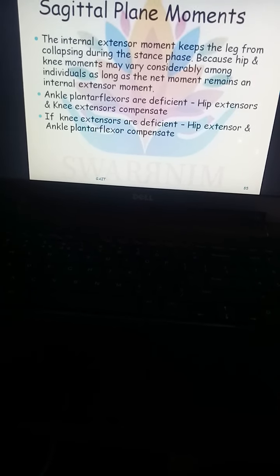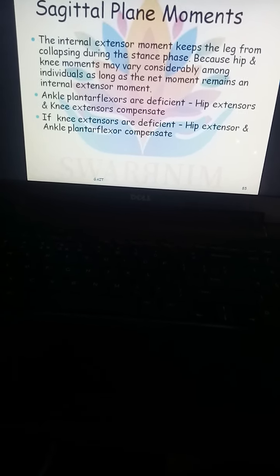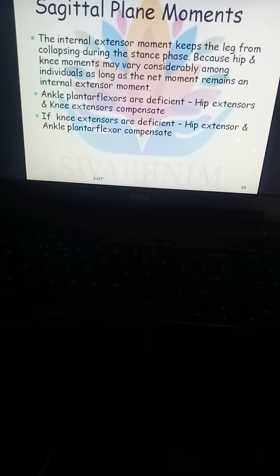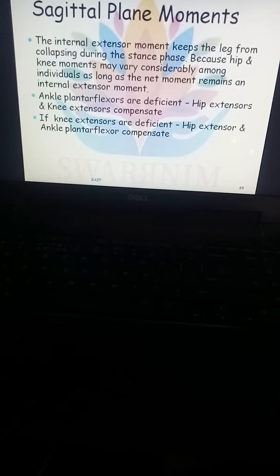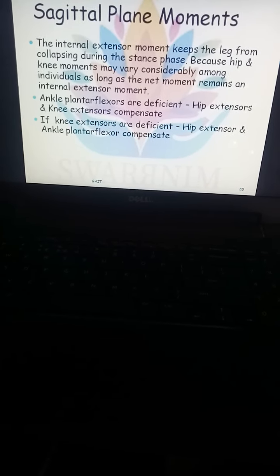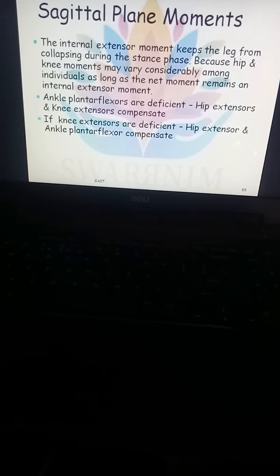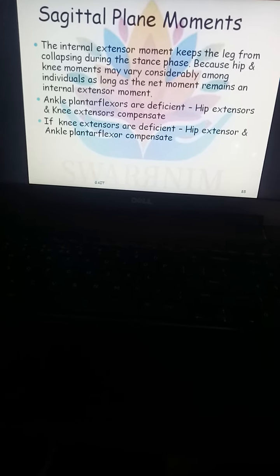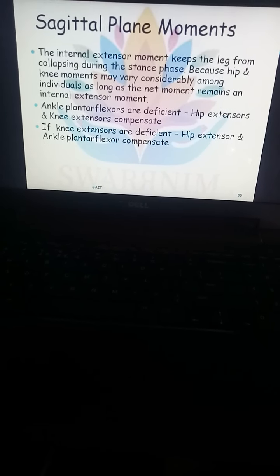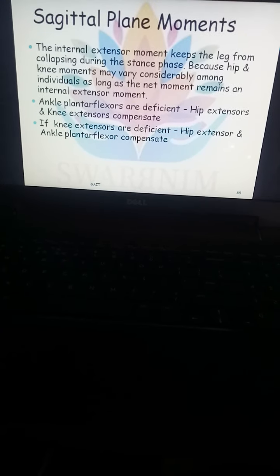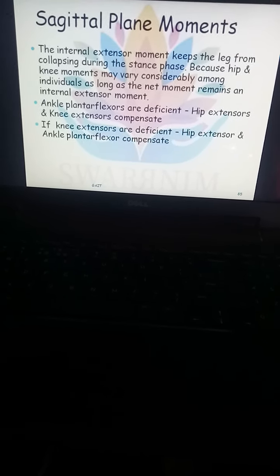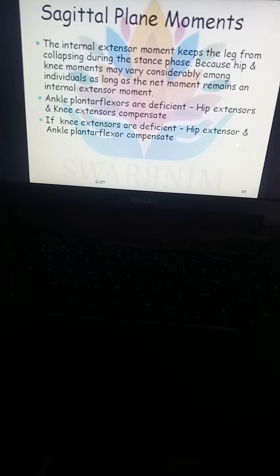Now hip and knee moments may vary considerably among individuals, as long as the net moment remains an internal extensor moment.